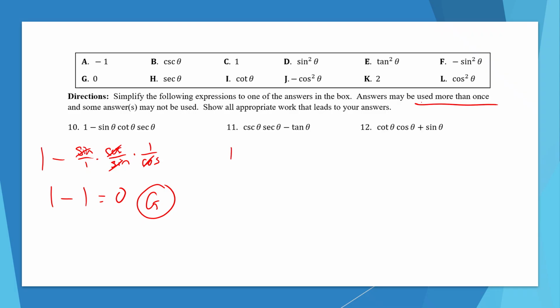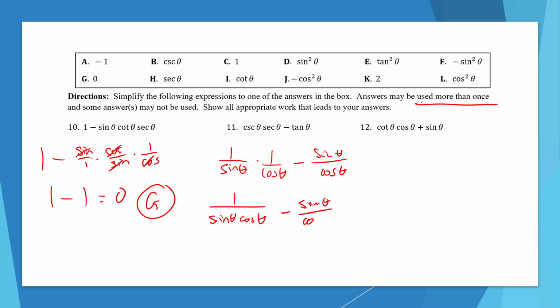For 11, we have 1 over sine theta times secant, which is 1 over cosine theta, minus tangent, which is sine theta over cosine theta. Taking a look here, we have 1 over sine theta cosine theta minus sine theta over cosine theta.